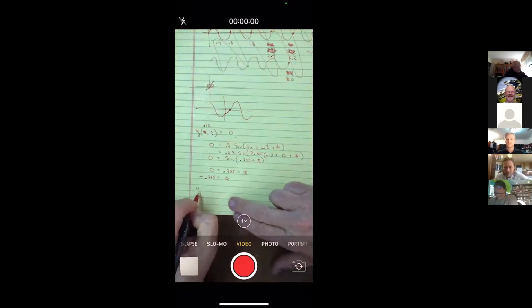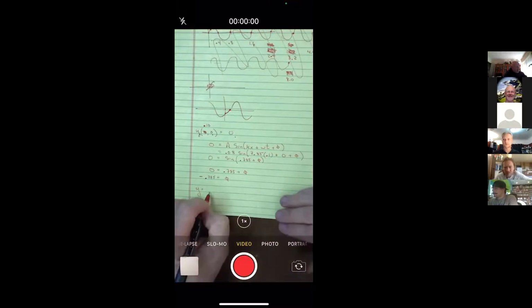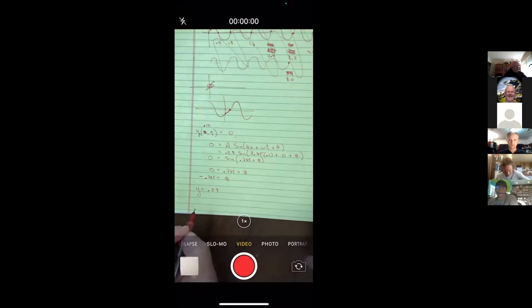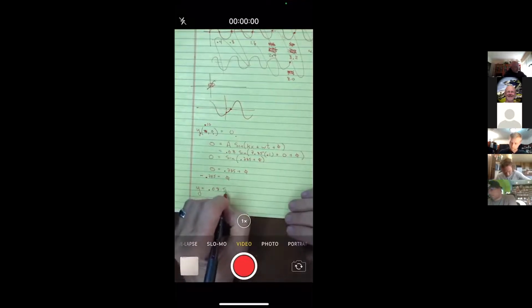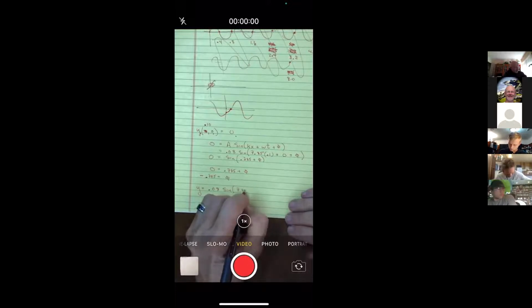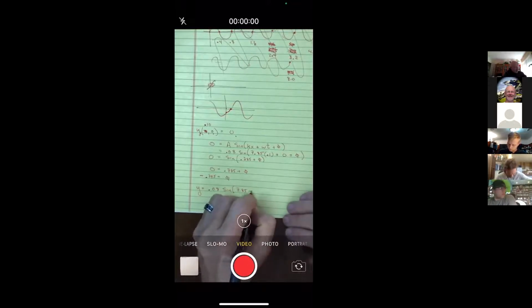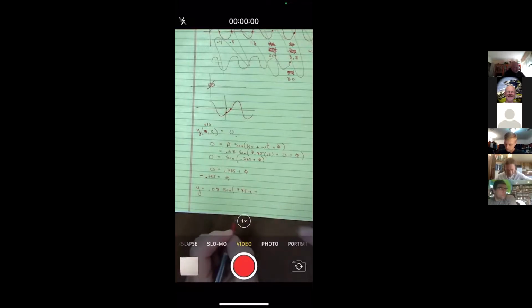So the answer to part B would be that same amplitude, 0.08. Then it would be sine, and it would be the same angular wave number. It would still be a plus because it's going in the negative direction. It'd be that same omega.